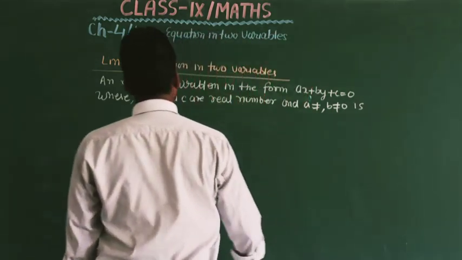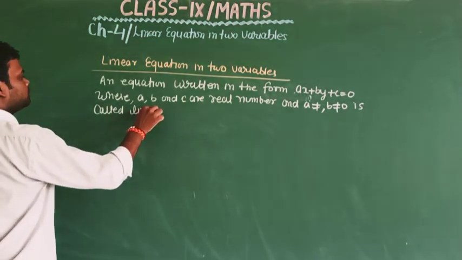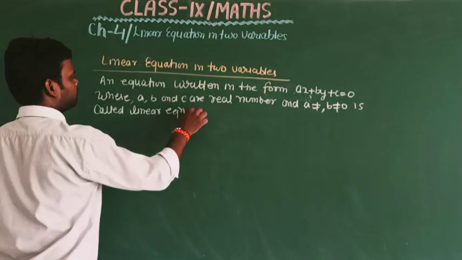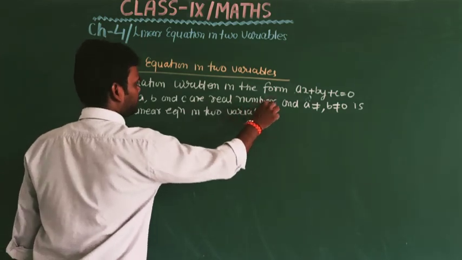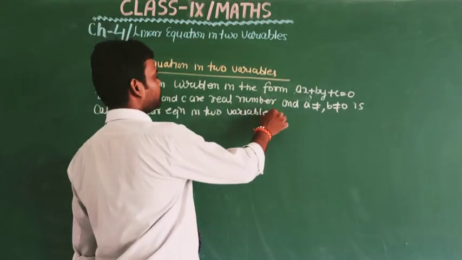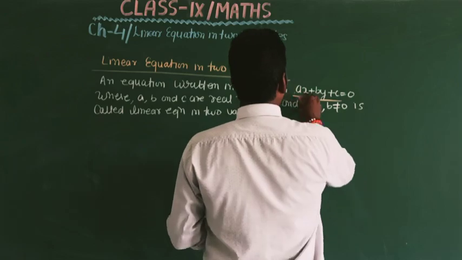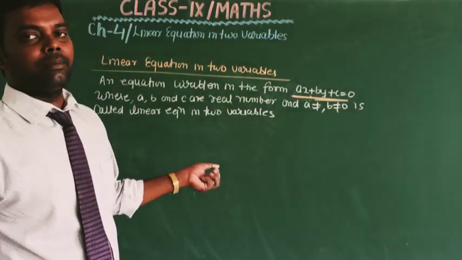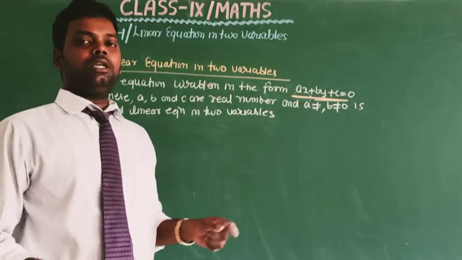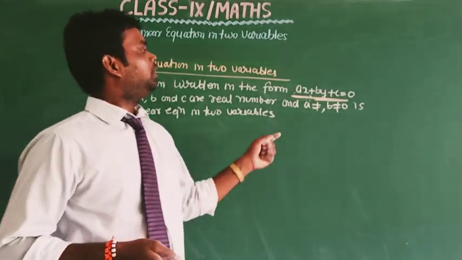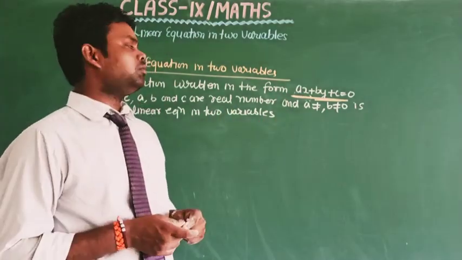Remember that this is the general form of a linear equation in two variables: ax plus by plus c equal to 0, where a, b, c are any real numbers, x and y are variables, and a and b are not equal to 0.